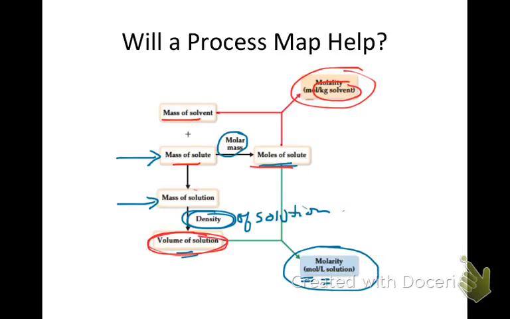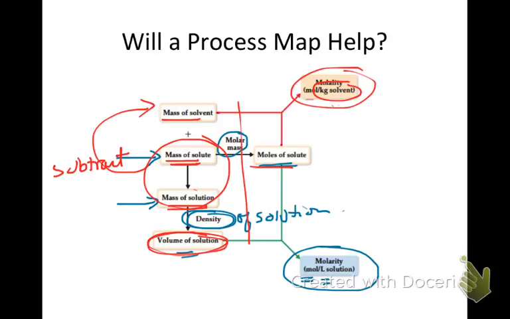I might have to get to the mass of the solution and the mass of the solute and subtract these two to get the mass of the solvent by itself to determine the molality. So it's really, if I'm given any one of these pieces of information, how do I get the moles of solute? How do I get the kilograms of solvent? How do I get liters of solution?